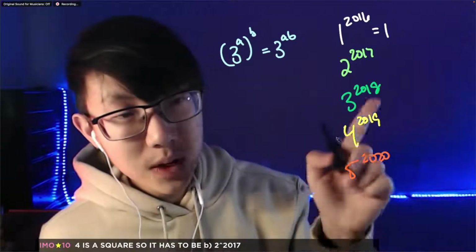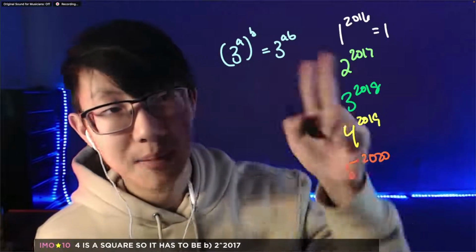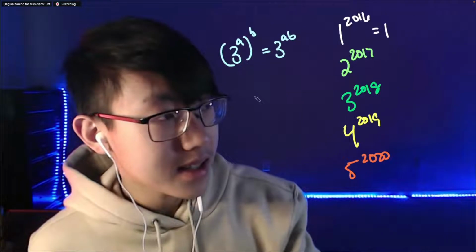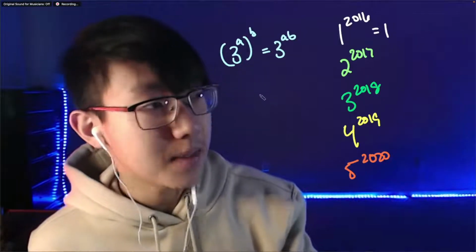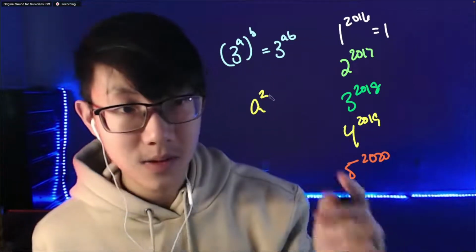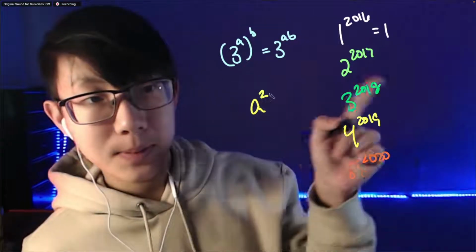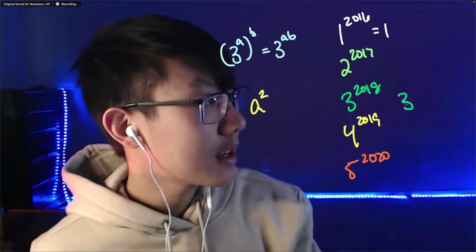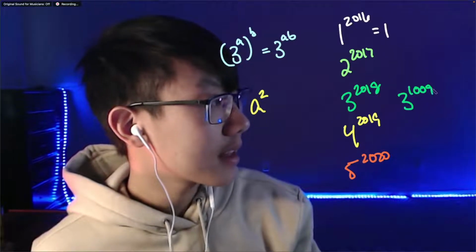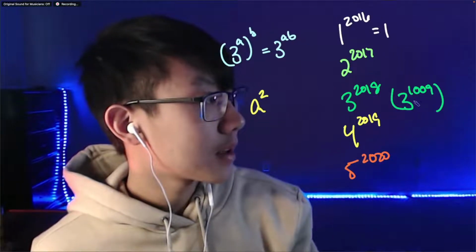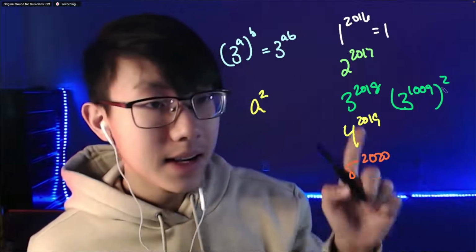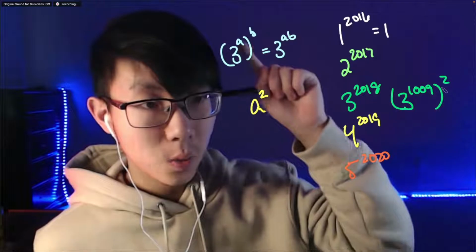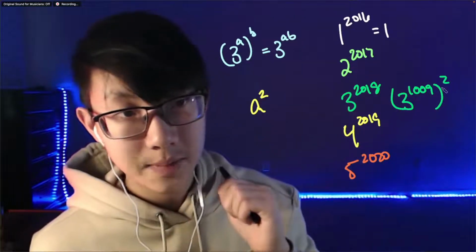So even though we don't see that here, the idea is that we can work that backwards. Anything is a perfect square as long as we can express it as some integer and then the exponent 2. And so that means 3 to the 2018th we can write as 3 to the 1009th squared, because if I expanded this out, I would get 3 to the 1009 times 2, which is 2018.